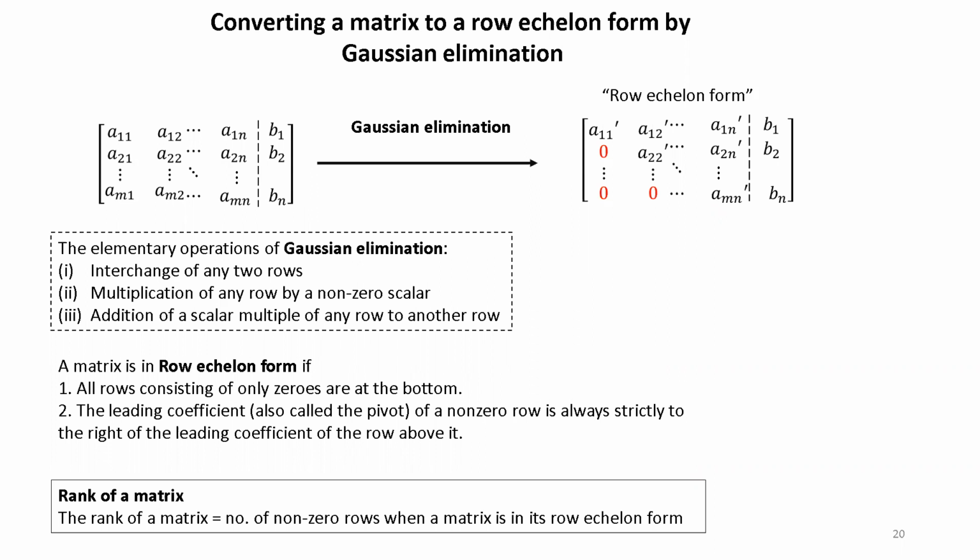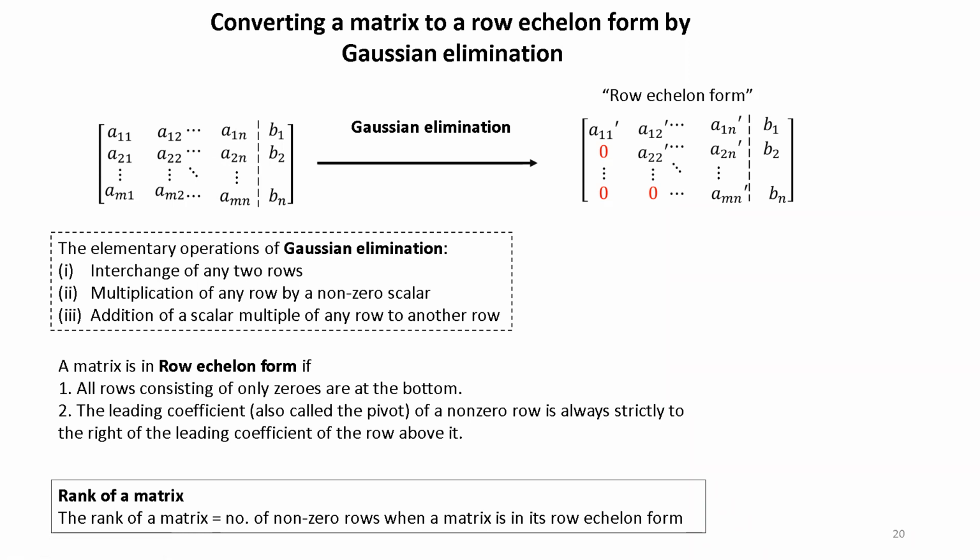Gaussian elimination is composed of the following basic operations. If I have this augmented matrix, you are free to interchange any two rows, you are free to multiply any row by a non-zero number, and you can add a scalar multiple of any row to another row.